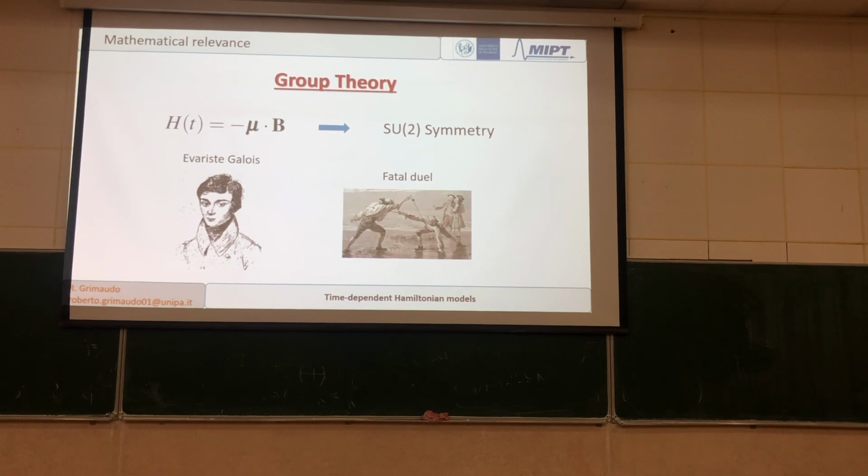If you wonder what these results stem from, we know that they stem from group theory. The mathematical reason is that such Hamiltonians, minus mu scalar b, have a particular symmetry, which is the SU(2) symmetry.